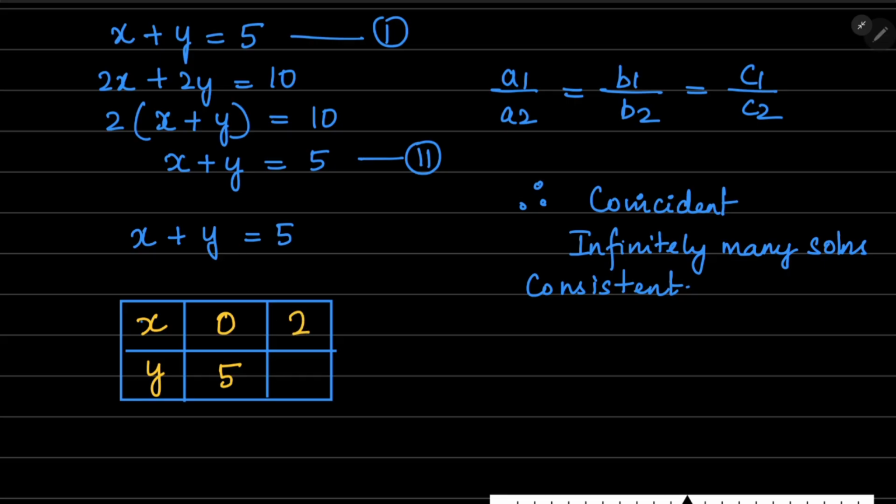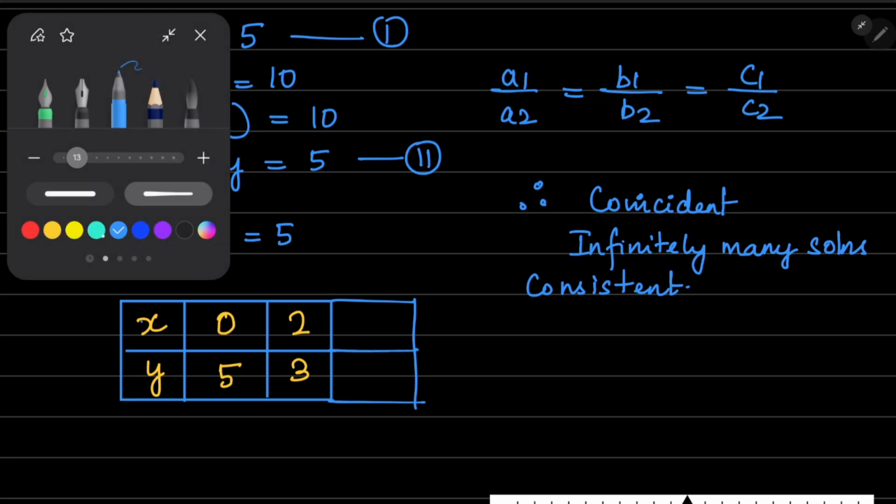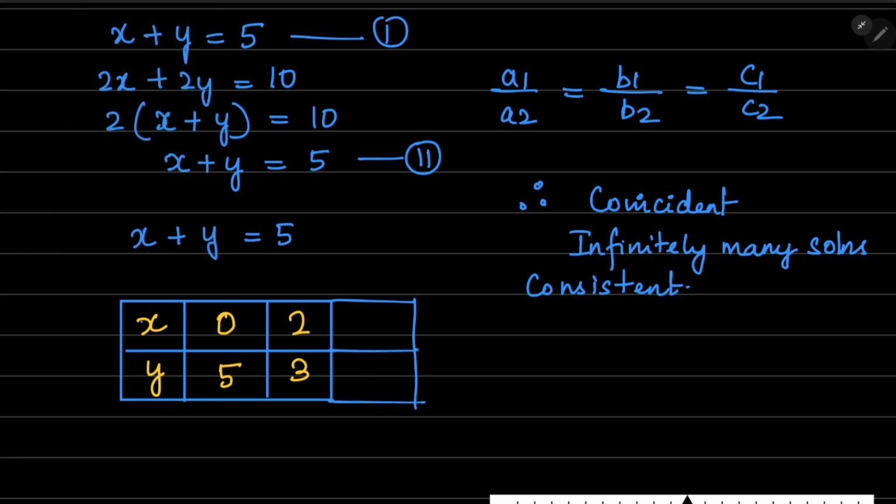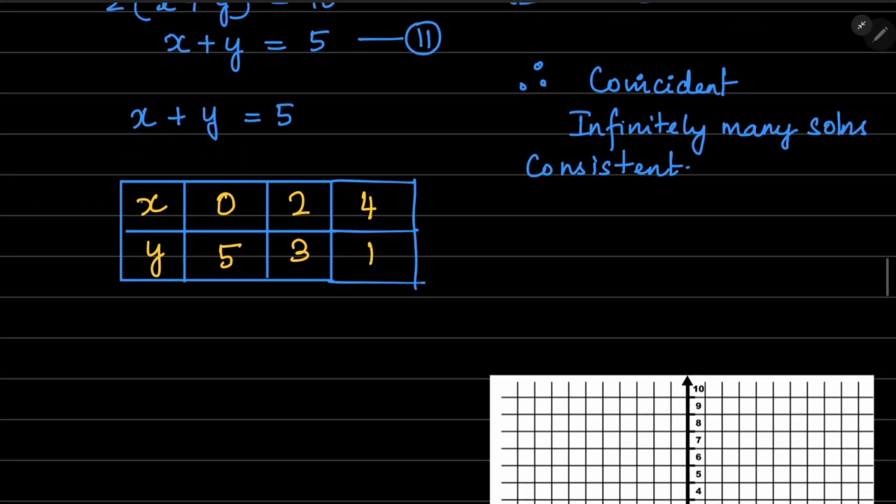Y will be 5 minus 2, which is 3. Let's take some more points. Suppose if your y is equal to 1, what will be your x? X will be 5 minus 1, which is 4. Right? So let's go ahead and plot it.